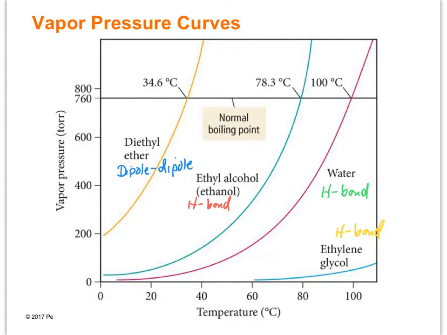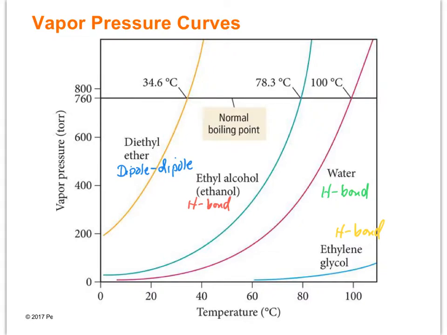So we see that the stronger the intermolecular forces, the lower the vapor pressure at a given temperature. Okay, so we can see that the vapor pressure is related to the strength of the available intermolecular forces. So we're going to focus on this diethyl ether curve, right?